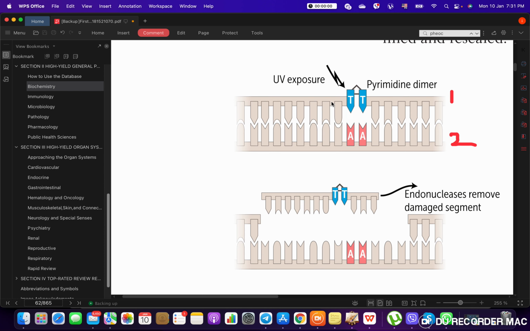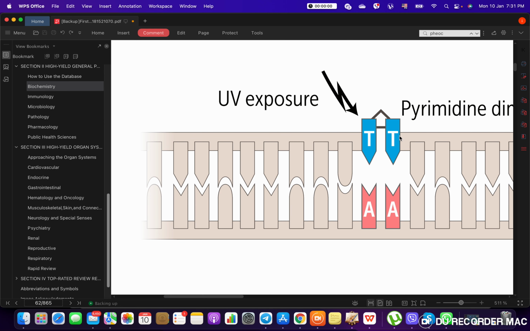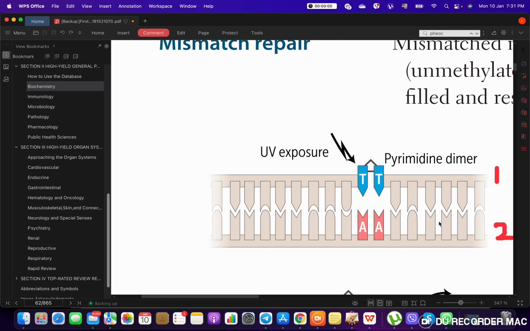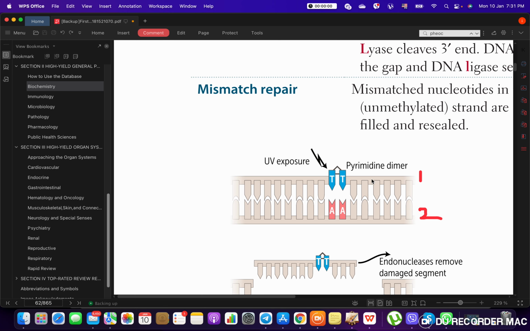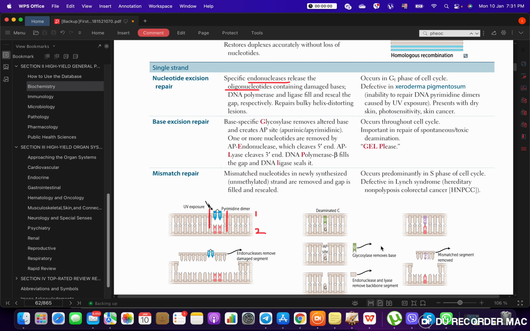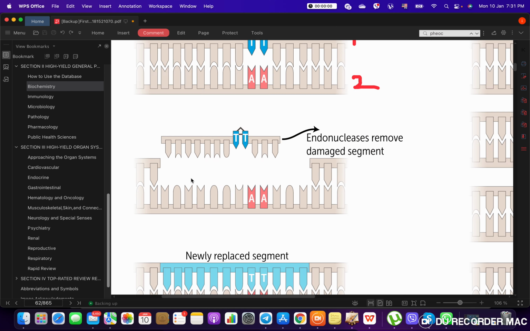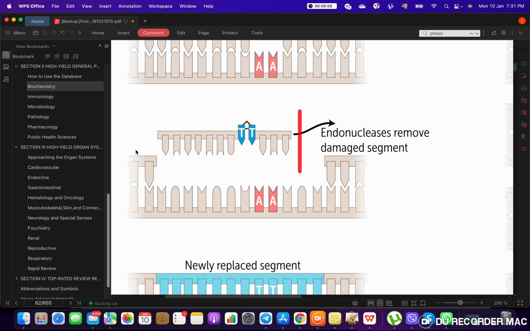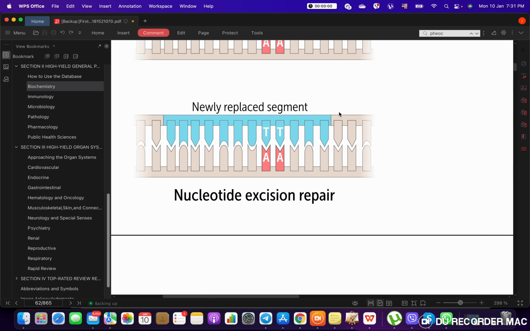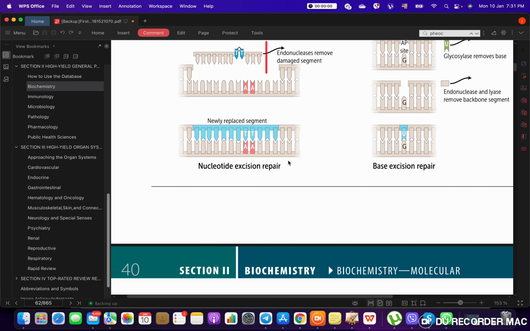Let's say the first strand was affected by UV exposure, which led to formation of a pyrimidine dimer. Is a pyrimidine dimer okay, or should we remove it immediately not to get cancer? We should remove it immediately not to get cancer. So how do we remove it? The endonuclease notices something is messed up here. Let me cut the whole thing and take it out and bring you a new base. So that's nucleotide excision repair.